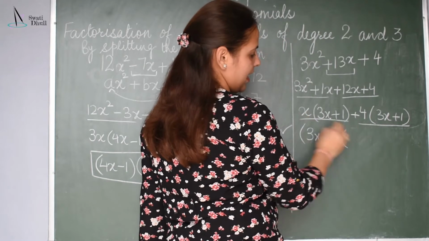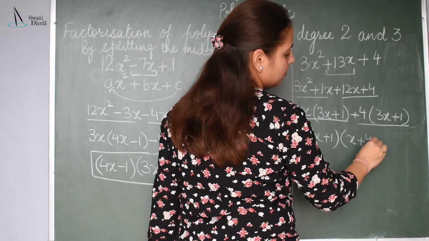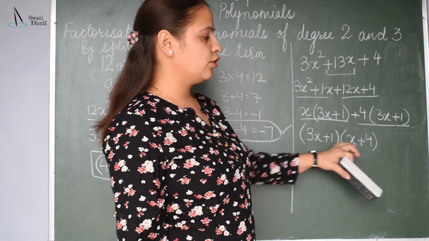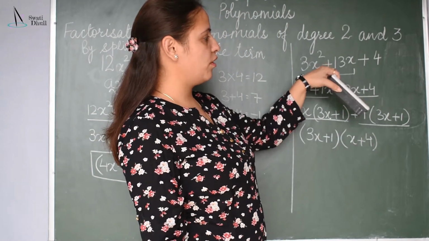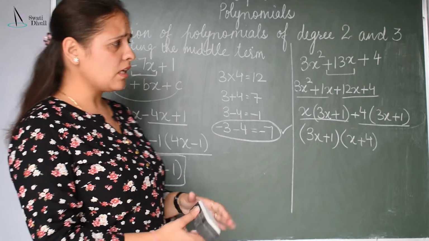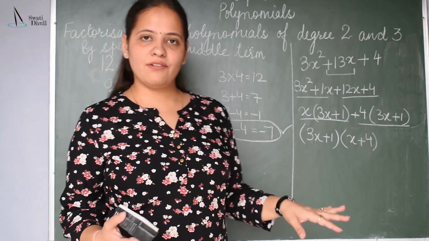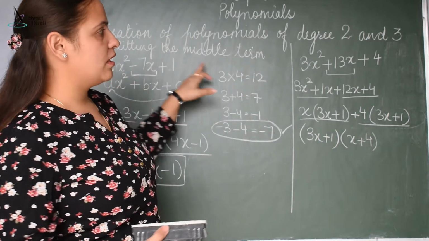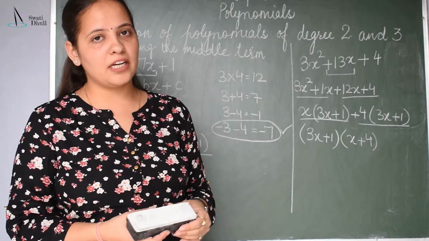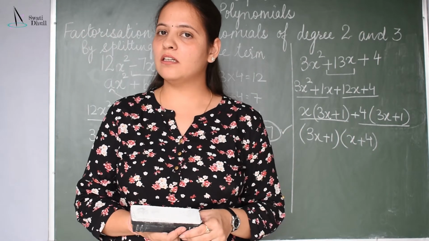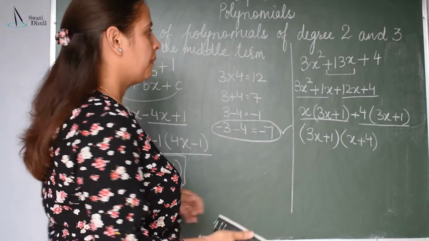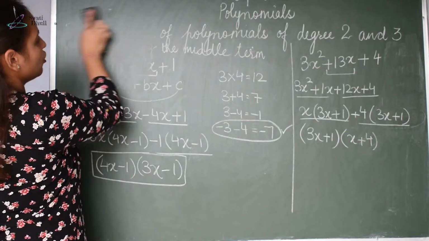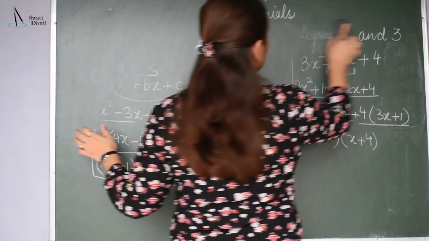Now left with x, and from second term 4. So these are the two factors of this quadratic polynomial. So this is how we factorize the polynomial of degree 2, that is quadratic polynomial, by splitting the middle term method. Now factorization of polynomials of degree 3.